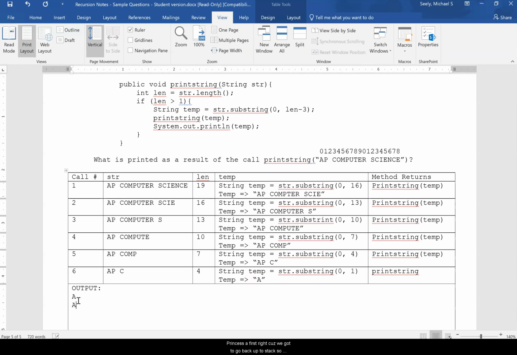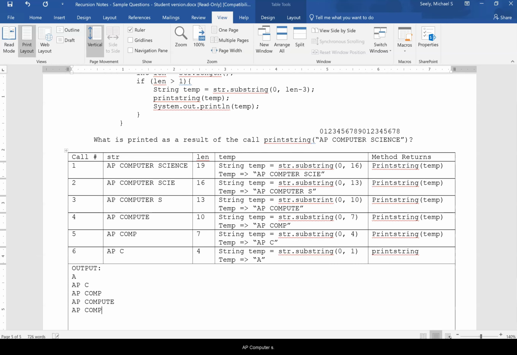So A, then APC, AP comp, AP computer S, AP computer sci, AP computer, nope.